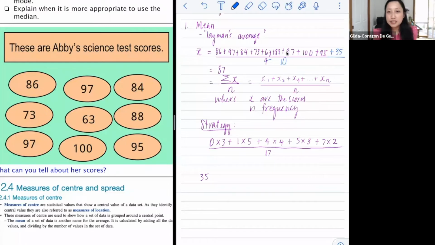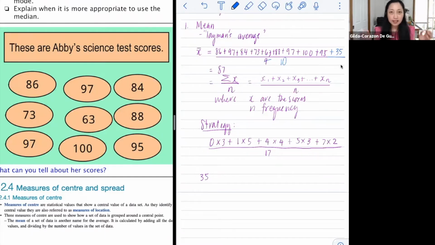You would see that most of the other scores would be clustered, but 35 would be far away from all the other scores, okay? 35 is what we call an outlier, okay? So an outlier would be a very, very small number as compared to the other scores, right? Or it could be a number that's really, really high, which is away from most of the scores.